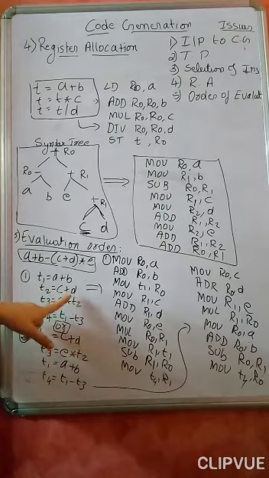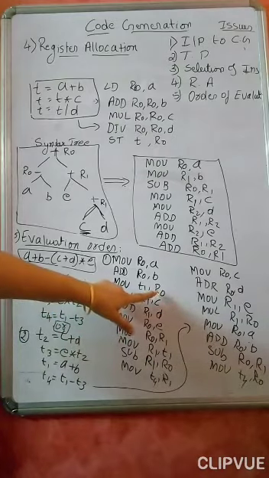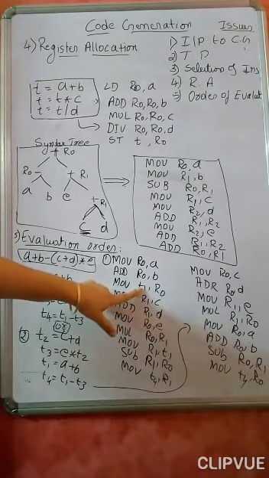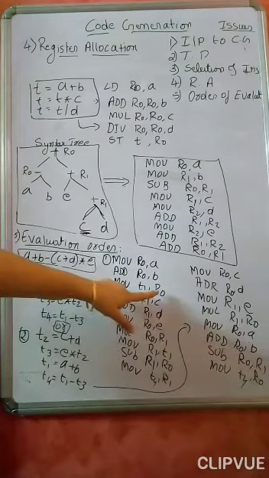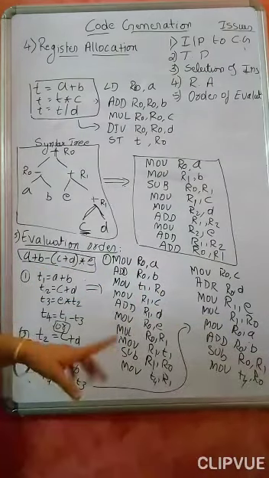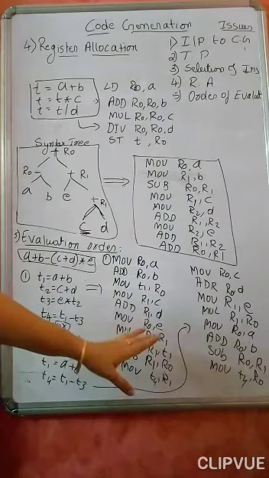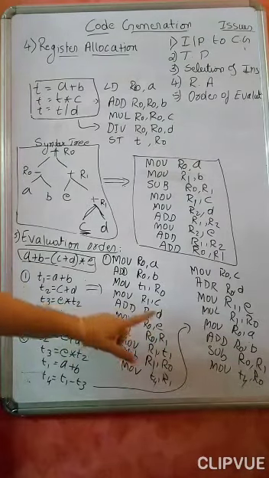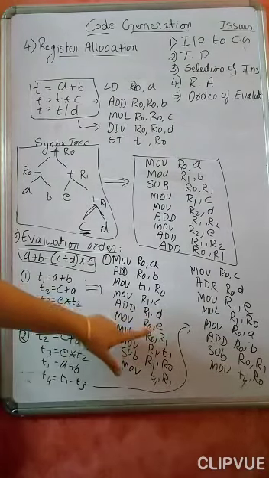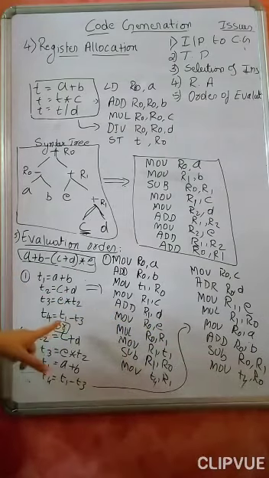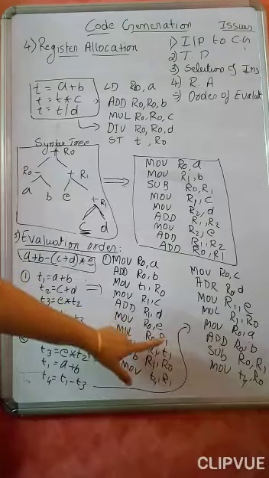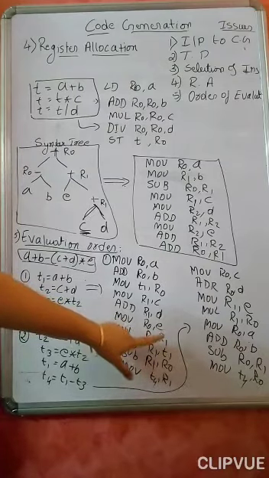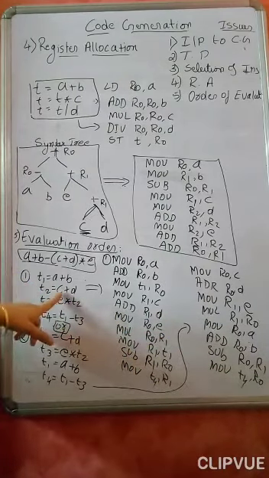As I told you, when we move the result of R0 to the temporary variable t1, the R0 register is free now. I can reuse it. So that's why e will be stored in the register R0 only. After that, we will be multiplying e in R0 and R1. E is there in R0, and R1 will have the result of t2.